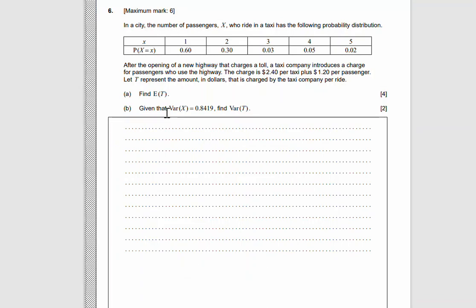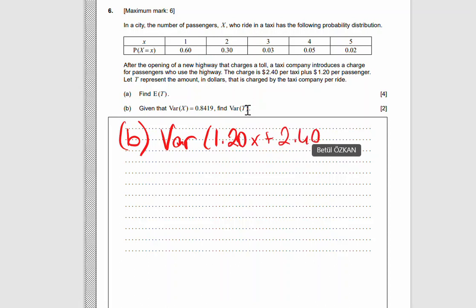It says, given that variance of x will be equal to 0.8419, find variance of t. We need to check the relation between variance and standard deviation right now. For question B, the equation will be the same, 1.20x plus 2.40. We are looking for the variance of this equation. Like you see here, we have a coefficient for x.